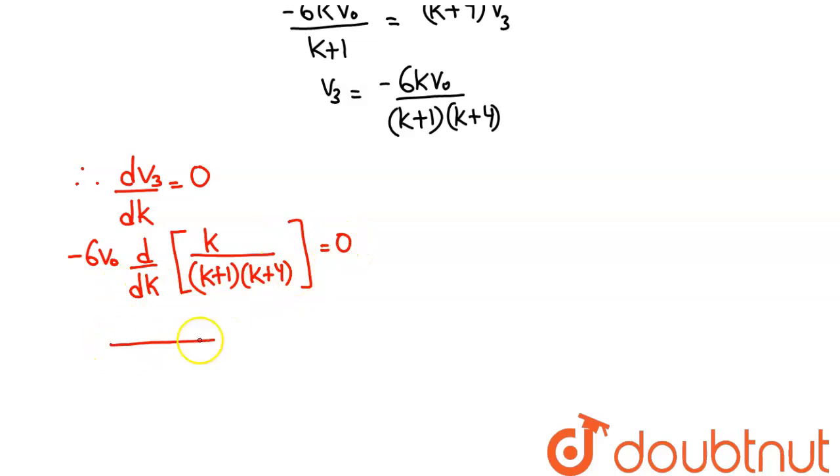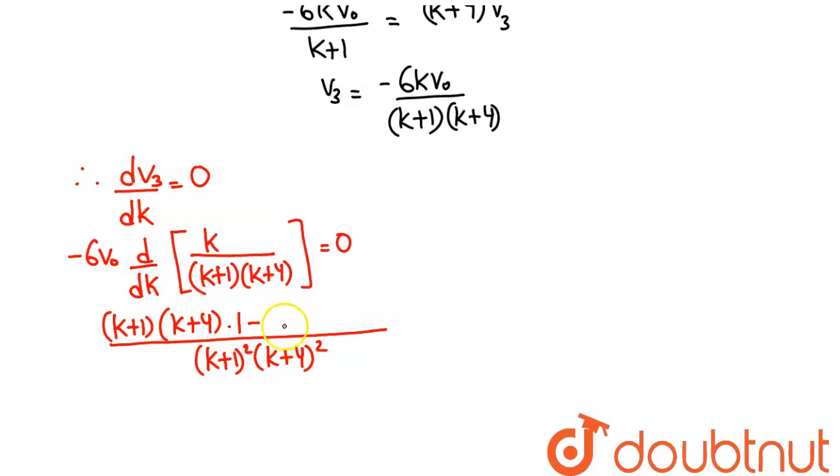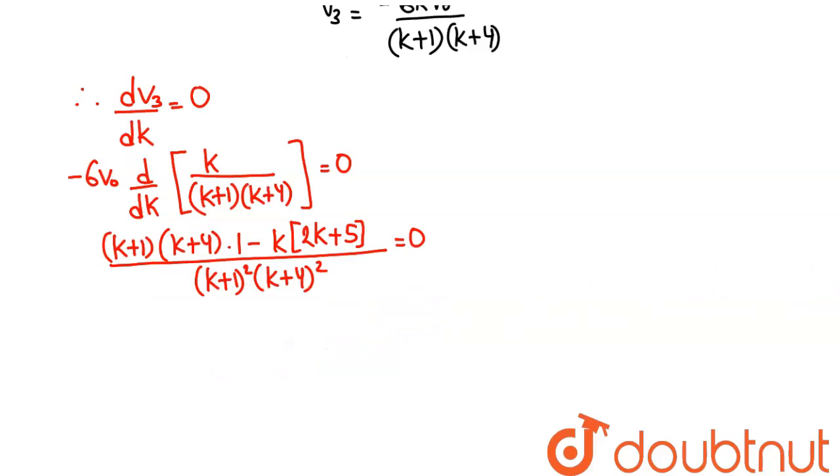So applying the division rule for differentiation, this comes as k plus 1 whole square, k plus 4 whole square, and we have k plus 1 into k plus 4 into differentiation of k is 1, and k into differentiation of this, gives us this comes as k square plus 5k plus 4. So this comes as 2k plus 5 equal to 0.